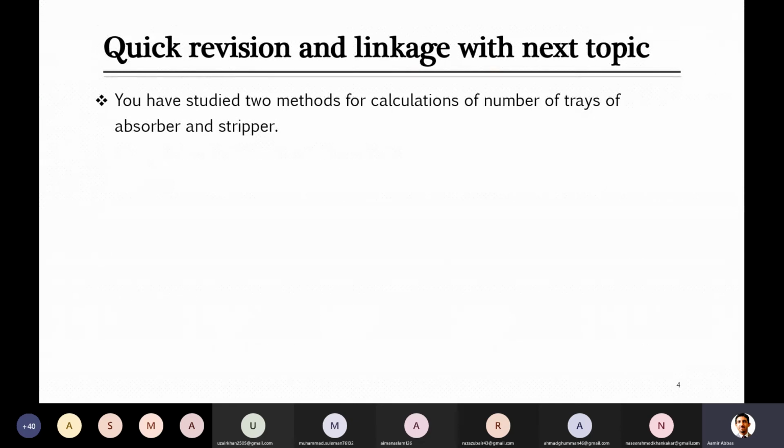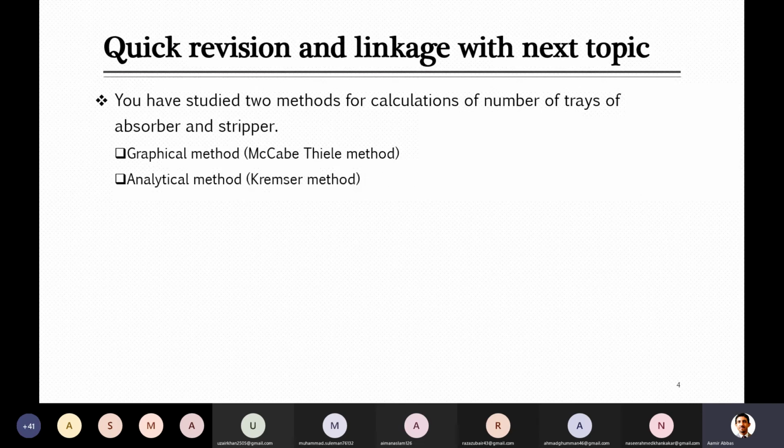Up to here, we have calculated the number of trays using two methods: one was the graphical method, which we can also call the Gauge method, and the other was the analytical method, called the Kremser method. With these two methods we have studied how to calculate the number of trays. These are called calculated or theoretical numbers of trays, which we have done so far.